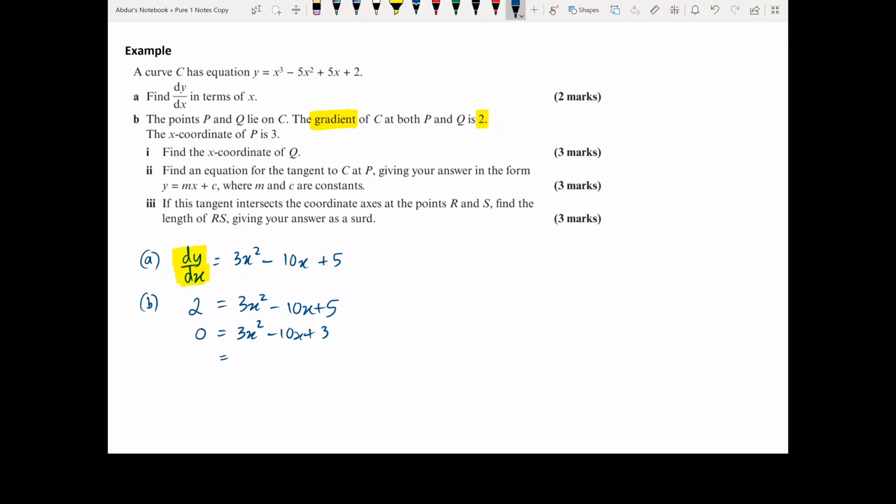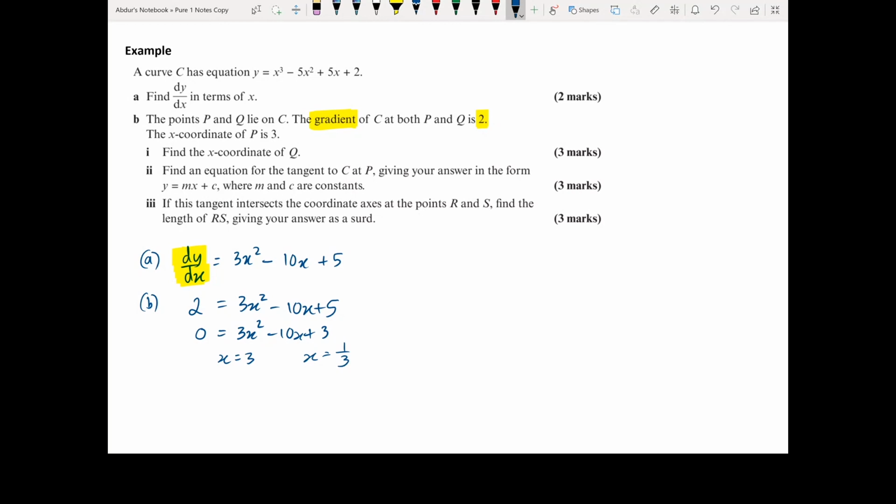And the constant term is 3. This then gives us the solutions: x is equal to 3 and x is equal to a third. So we have the x coordinates of both of these.